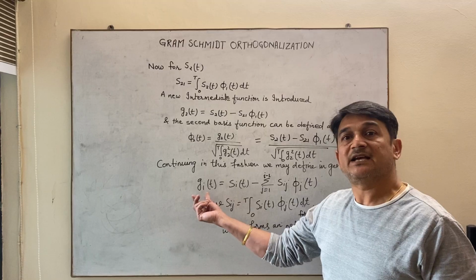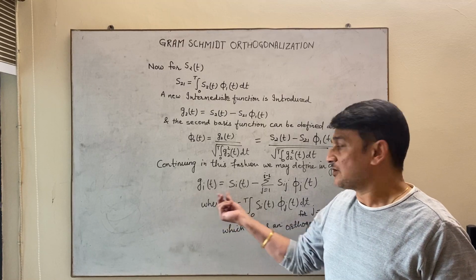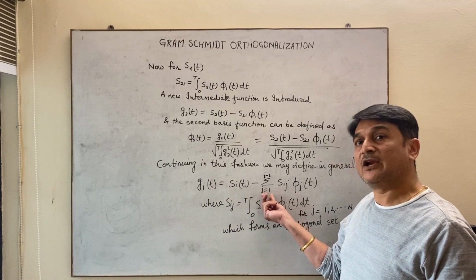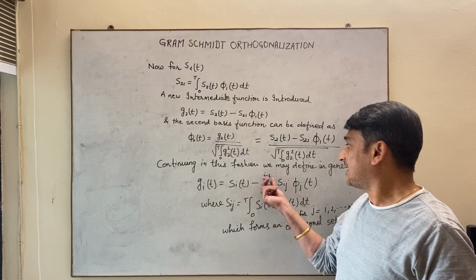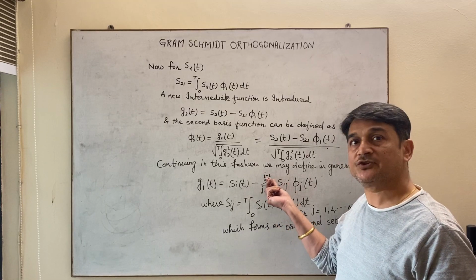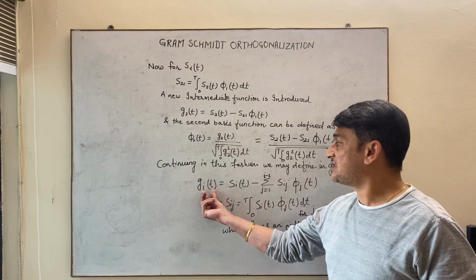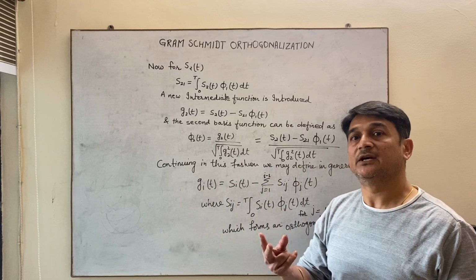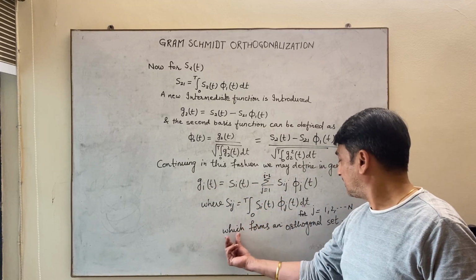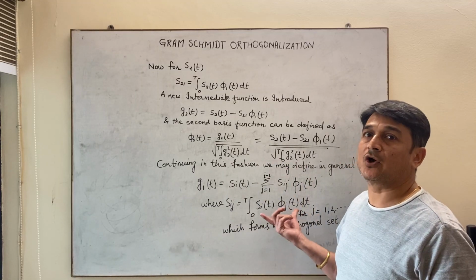Suppose i has the value 3, so you have to take the values of j as 1 as well as 2, because 3 minus 1 is 2, so it will move from 1 to 2. That means for G3 you have to take two components, 1 and 2 both. This forms an orthogonal set.